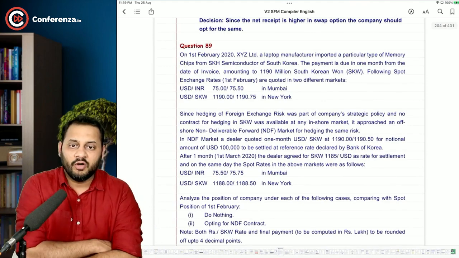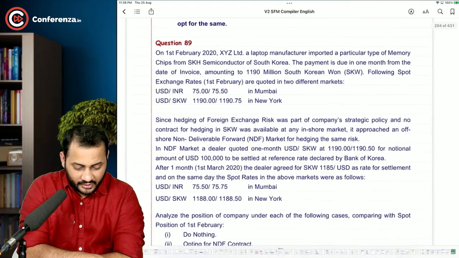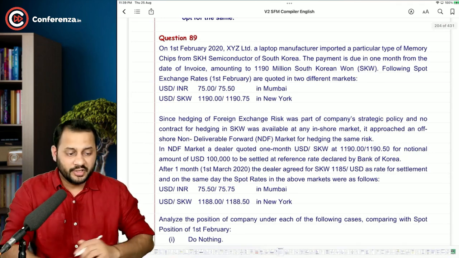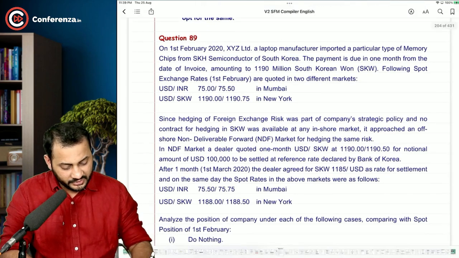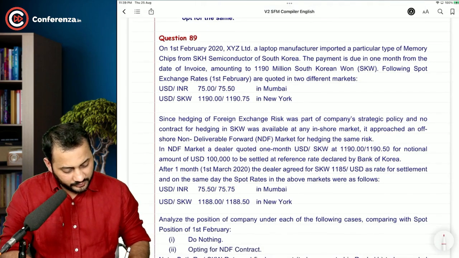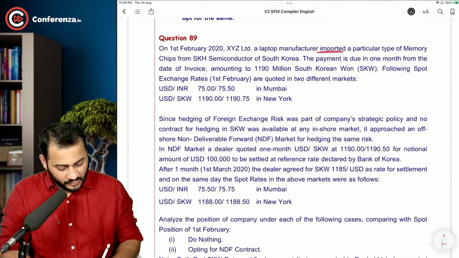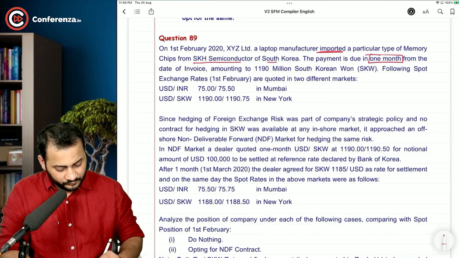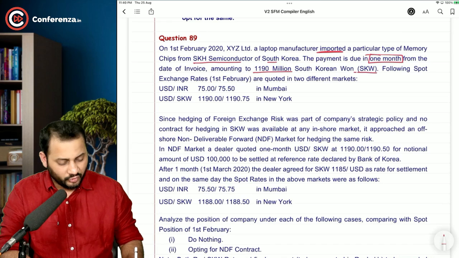Interesting one. On 1st February 2020, XYZ Limited, a laptop manufacturer, imported a particular type of memory chip from a South Korean company, SKH Semiconductor of South Korea. The payment is due in 1 month from now, amounting to 1190 million South Korean won, SKW.